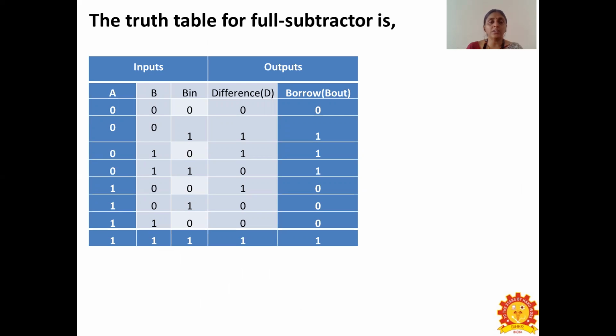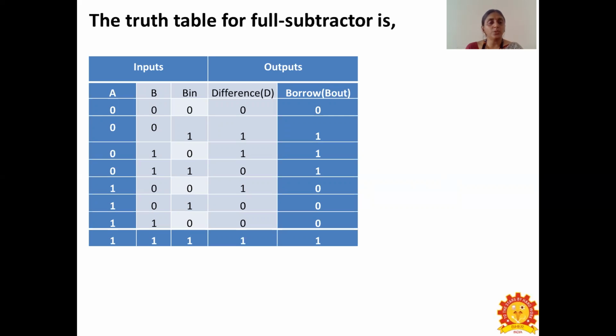In that case, the difference value we get is 0 and borrow is not required here, so borrow is also 0 here. And the next input is A value as 0, B value as 0 and B in value as 1. And here, when we subtract, the difference value we get is 1, borrowing 1. So the borrow output value is 1.